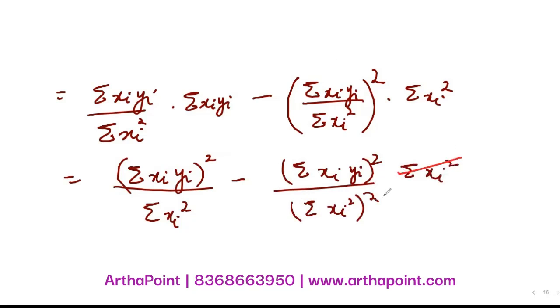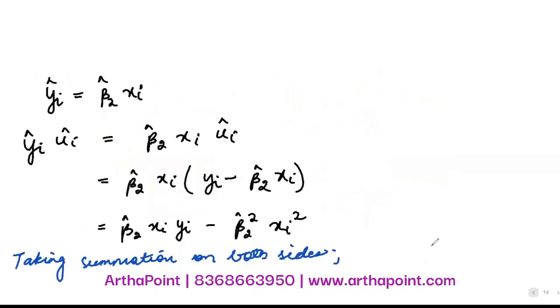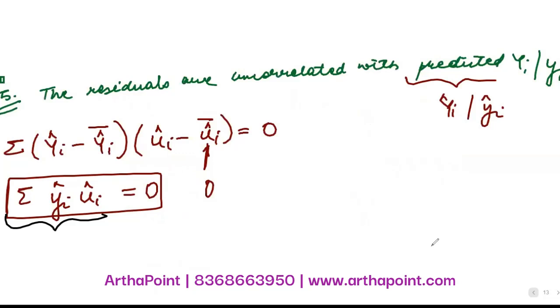So one of these will get cancelled out and I would be left with summation xi yi whole square upon summation xi square minus summation xi yi whole square upon summation xi square, and this would give me 0. So therefore, we proved that the residuals are in no way related to my predicted values. There is no correlation between my predicted values and the values of the residuals.